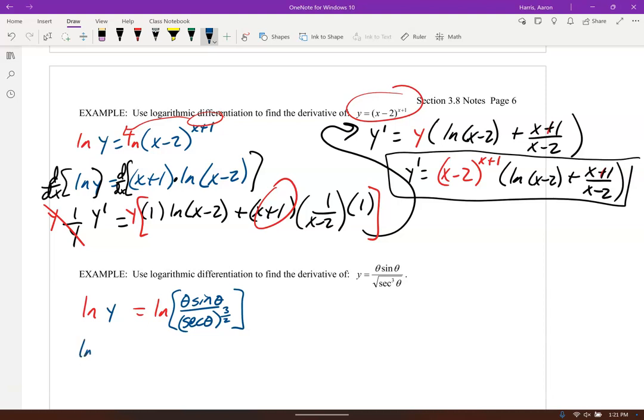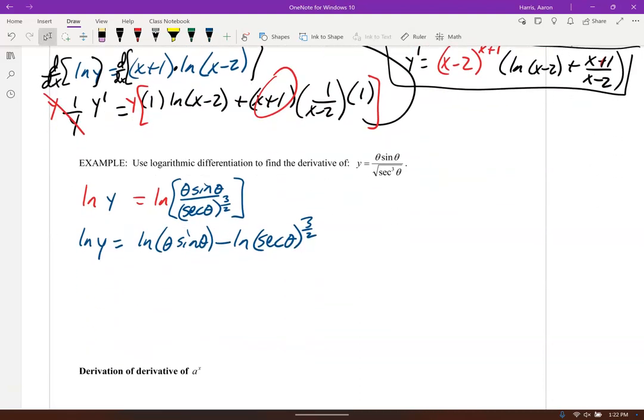So that'll be natural log of y. Let me expand this. Natural log of theta sine theta minus natural log of the secant of theta to the 3/2. And then I have a product here, so I could write that as the natural log of theta plus the natural log of the sine of theta, from my ln of u times v is ln of u plus ln of v, minus, I'm going to use that power rule, 3/2 natural log of the secant of theta.